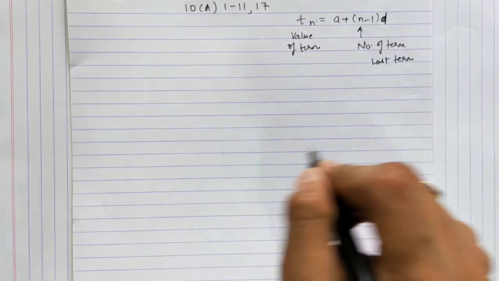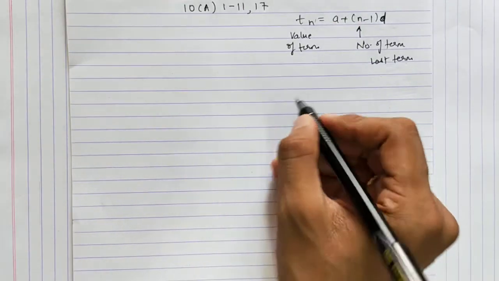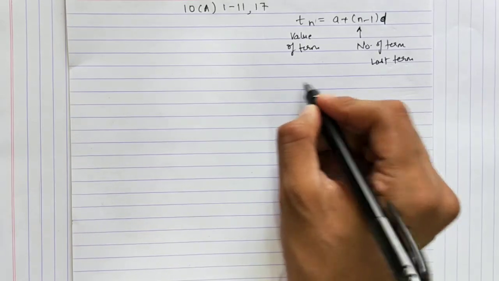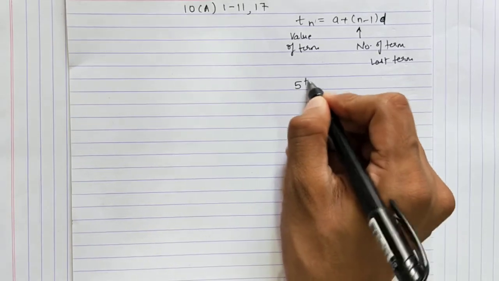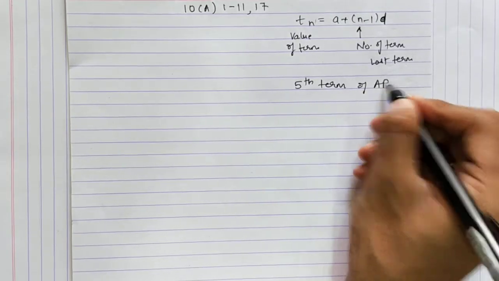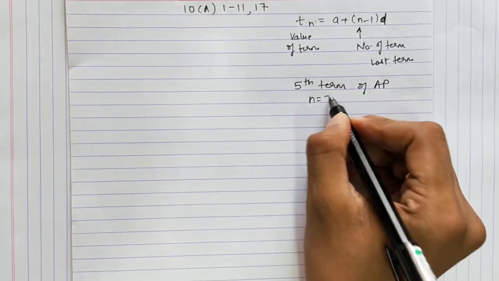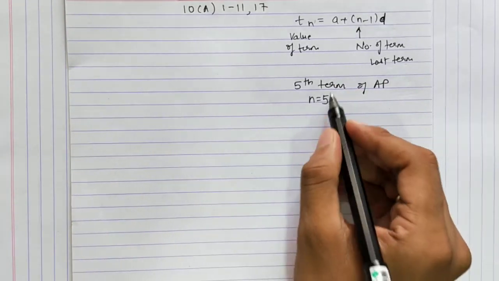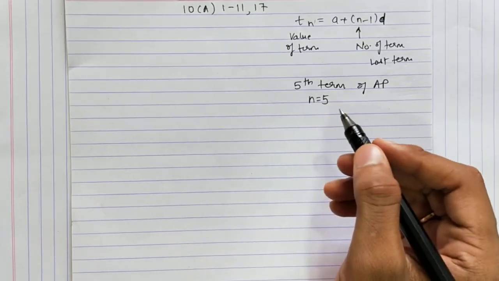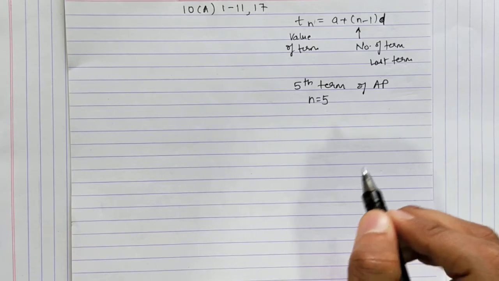Okay, so listen carefully now. If I say the fifth term of an AP, it means n is 5. If they tell you find the fifth term of the AP, you will take n as 5, correct?